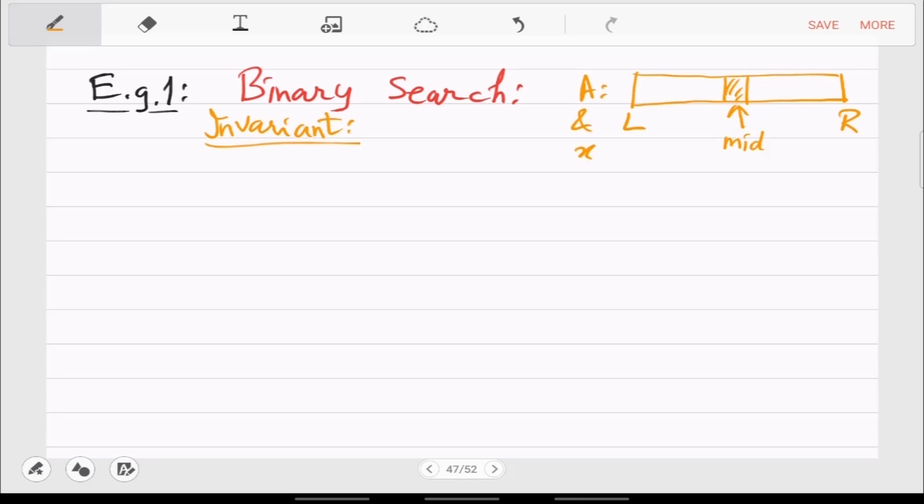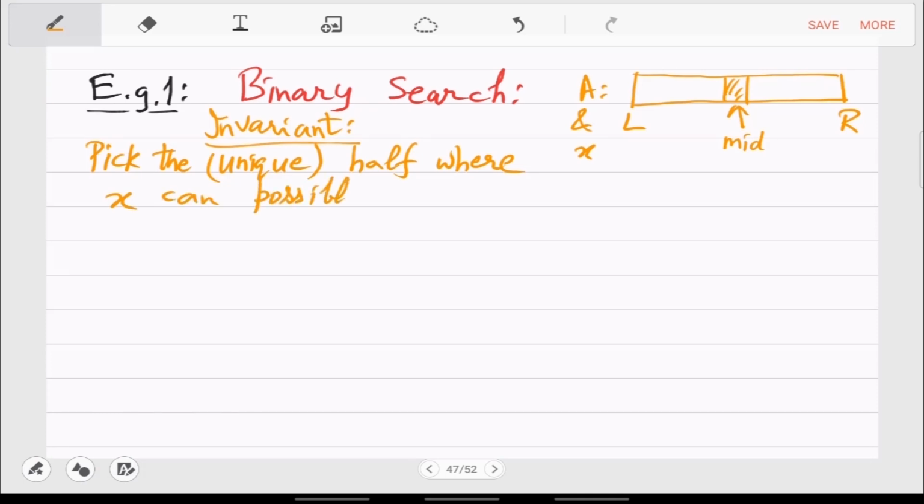So the invariant is that in every recursive call, this will pick the left half or the right half where x is, to pick the unique half where x can possibly appear.